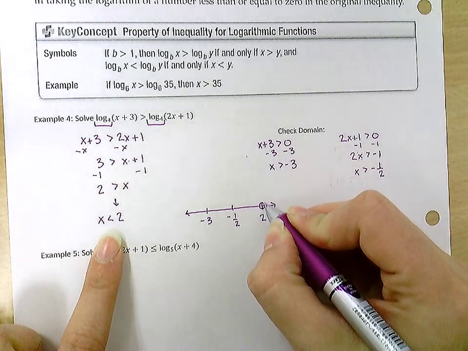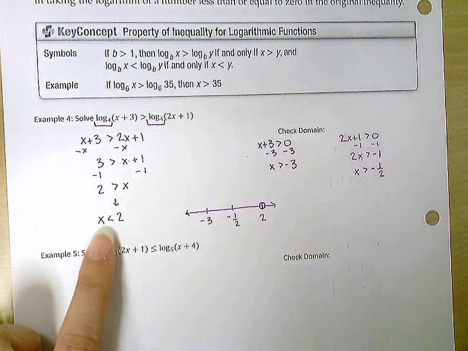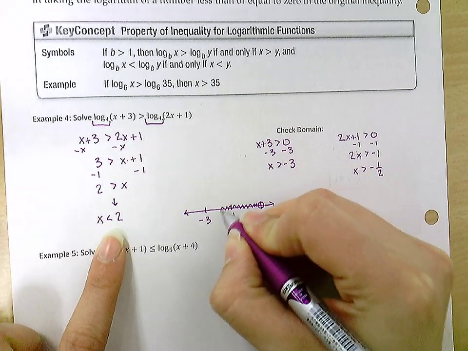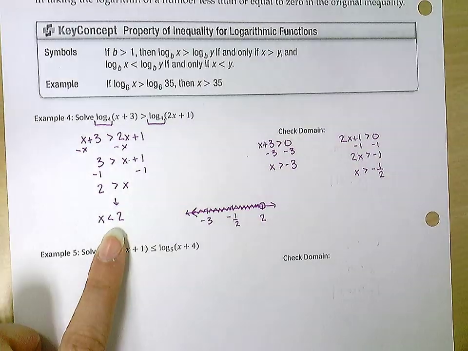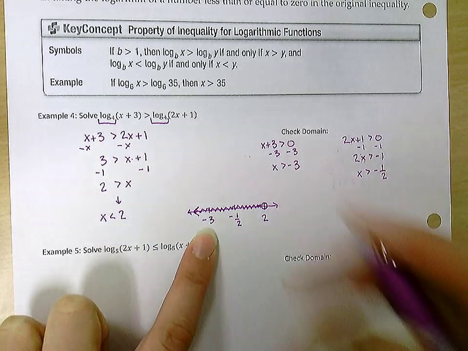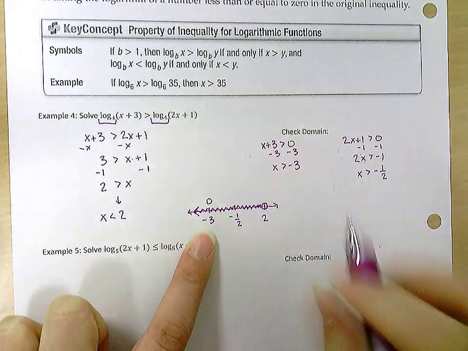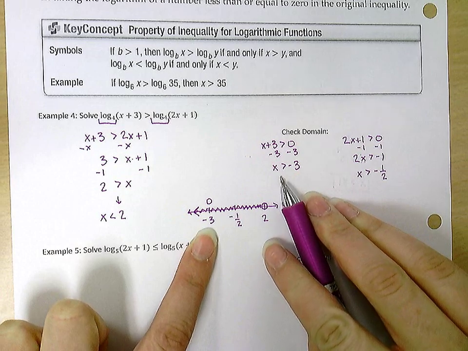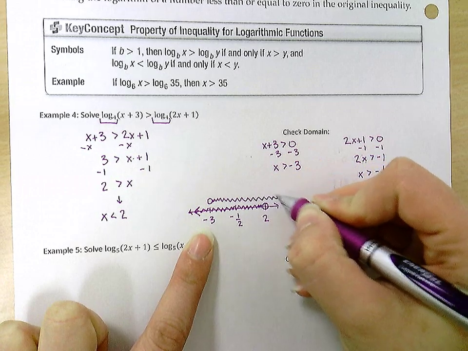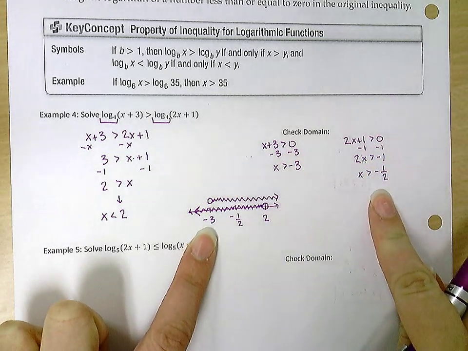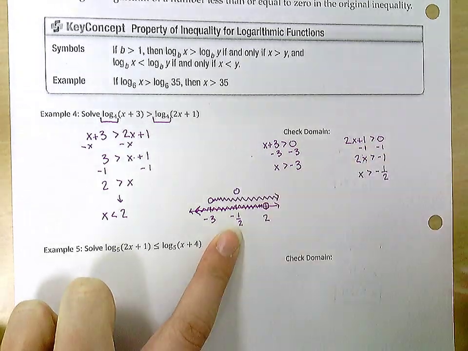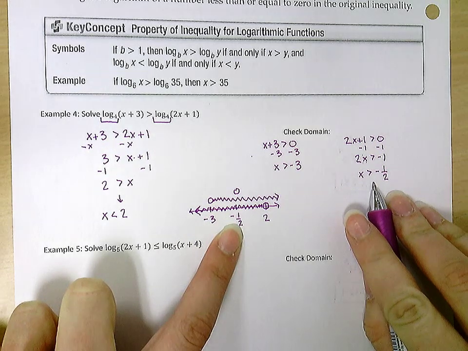So I have an open circle at positive 2, and all of my x values have to be less than that, so they're going to go to the left. For x greater than negative 3, I have an open circle at negative 3, and all of my x values have to be greater than that, so that's going to go to the right. Then the last one, negative 1/2. Again, open circle at negative 1/2, and all my x values have to be greater than that.